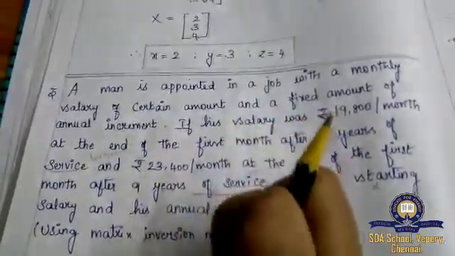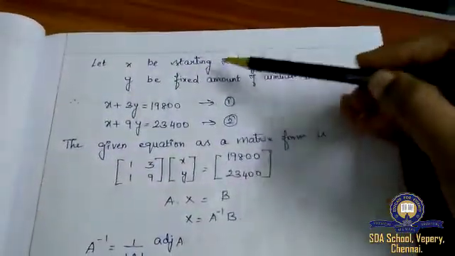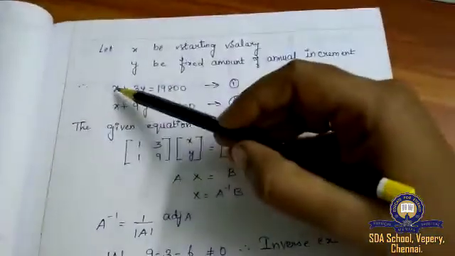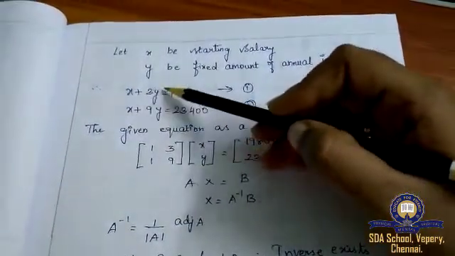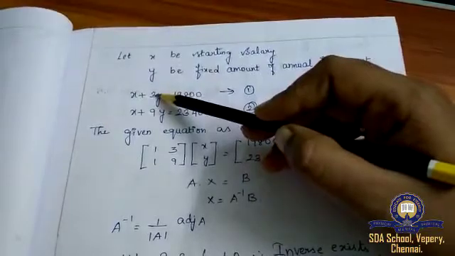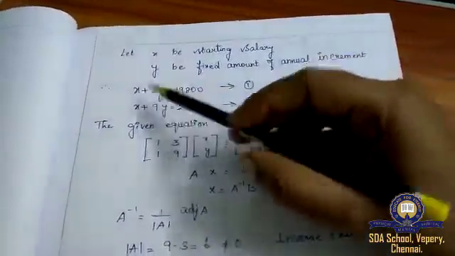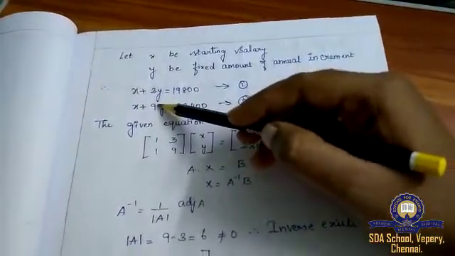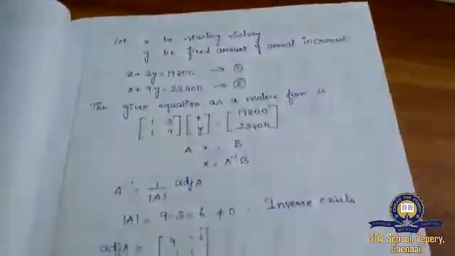So I'm going to make this in equation format. Okay, now see it here. I said x is his starting salary and y is the annual increment. So in the first equation, x, because they didn't give the starting salary, plus 3 years of increment, so after 3 years of service, it becomes 19,800. Similarly, the second equation is x, the starting salary we don't know, plus 9 years of increment, equal to 23,400.